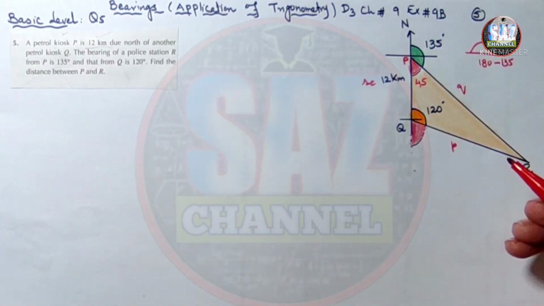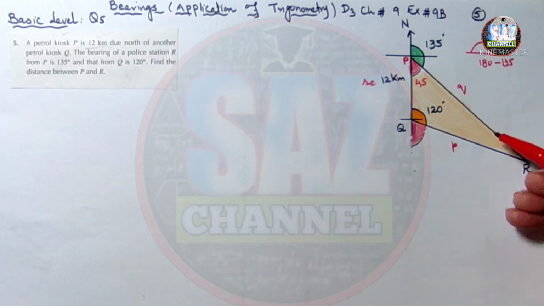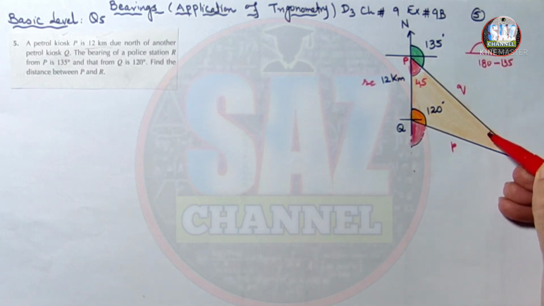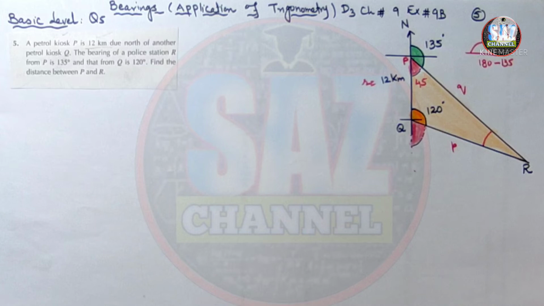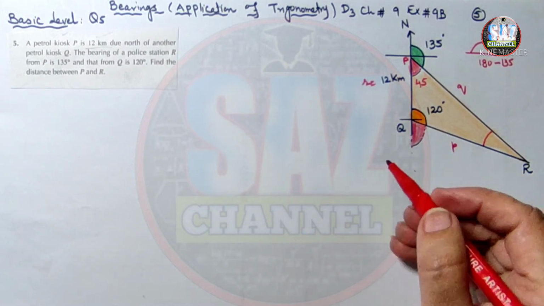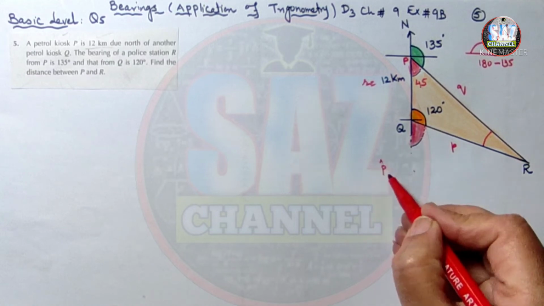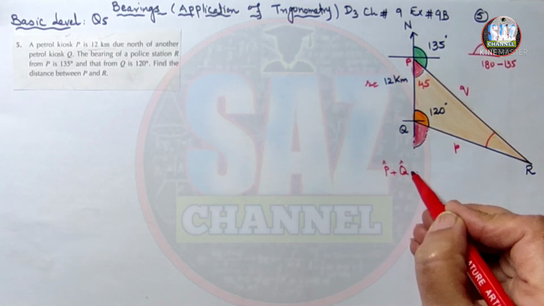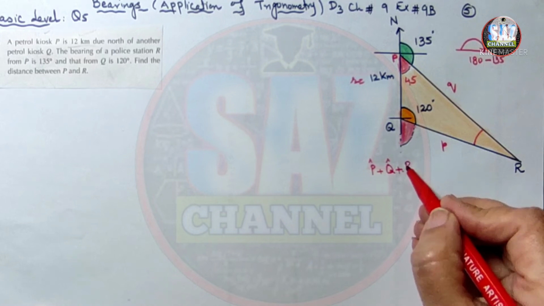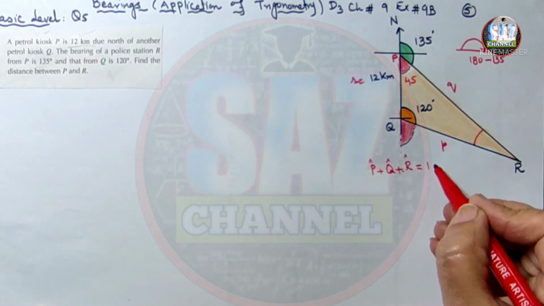Now I have two angles of triangle with me, and if I want to find this third angle of my triangle, that is angle R, I can calculate it easily, that angle P plus Q plus R equals 180 degrees.